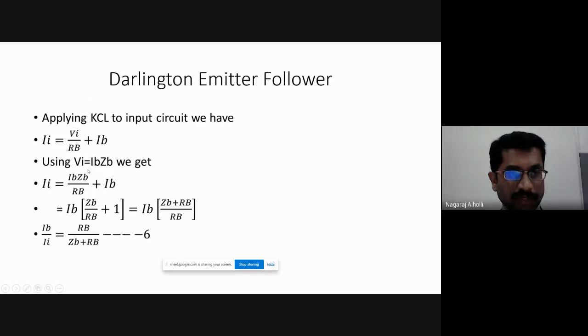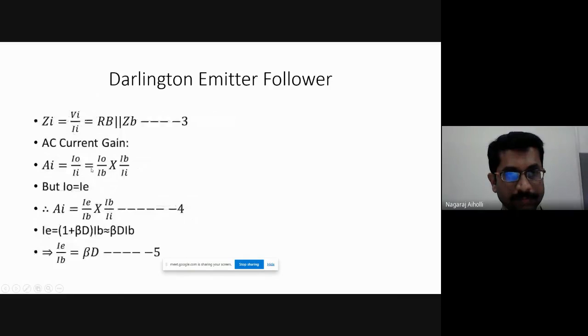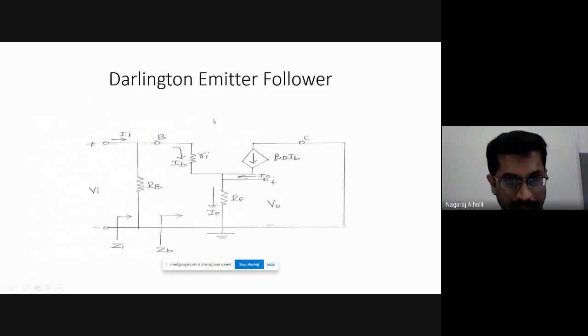What is VI? VI is the voltage across here in parallel. It is IB into ZB. The current is IB and the impedance is ZB between base terminal and ground. Therefore, according to Ohm's law, IB into ZB gives the voltage VI across in parallel.